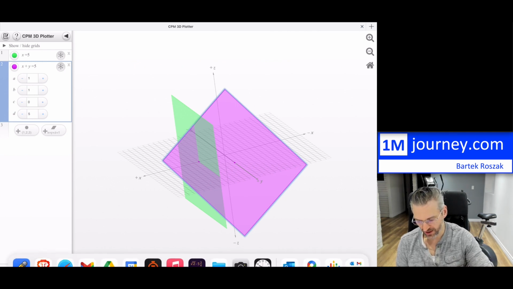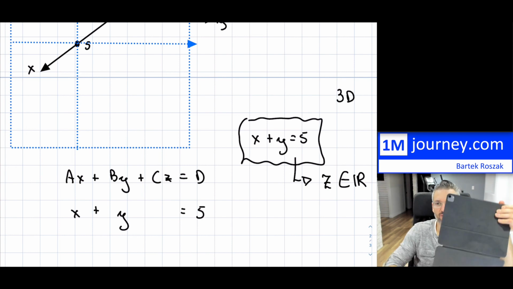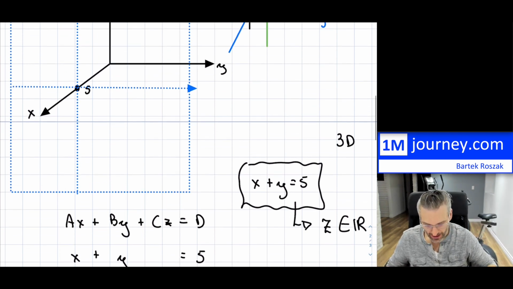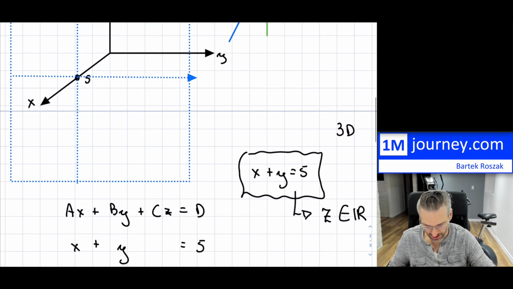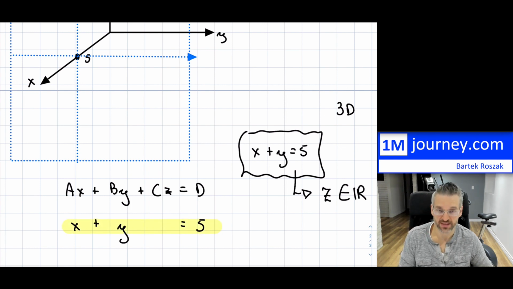One of the nice things, at least what I think about in terms of plotting these out, and what others think about as well, is this: when the equation is in standard form or scalar form, I encourage you to find the x, y, and z intercepts if they exist.